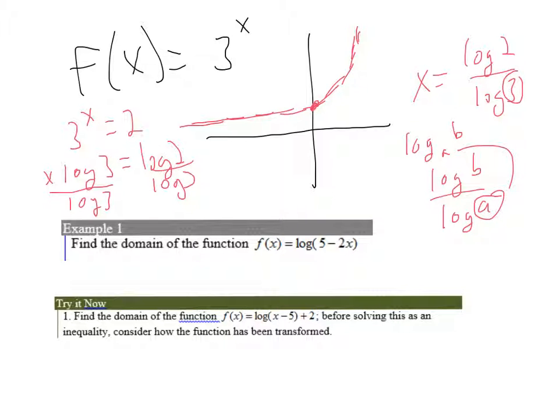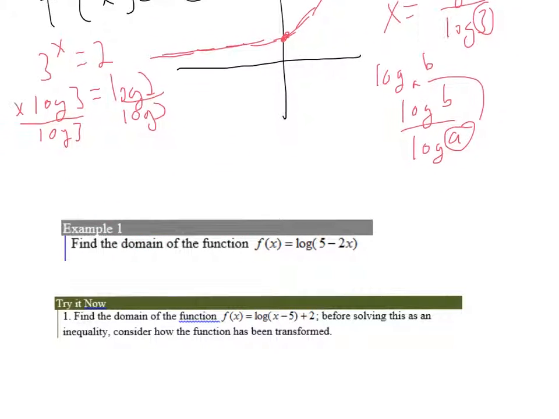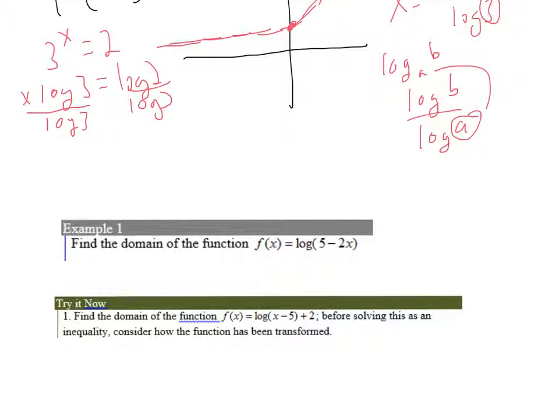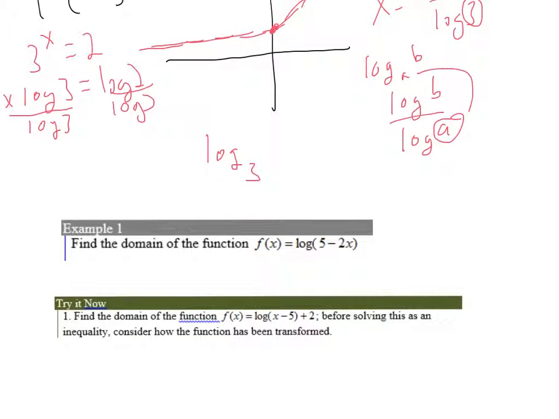So I could think of that as this new function, log base 3 of 2. Now your new graphing calculators will actually calculate that for you. There's a function that does that. A few years ago we didn't have that option, so we had to use change of base.